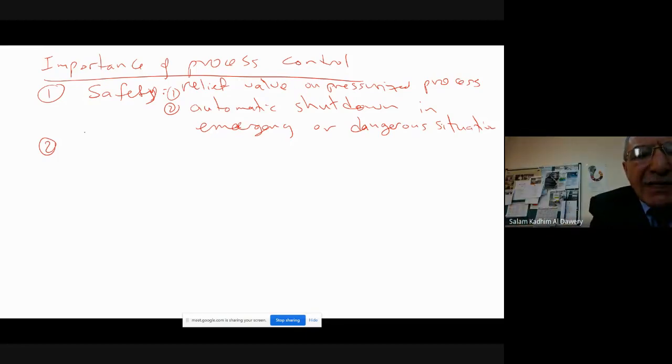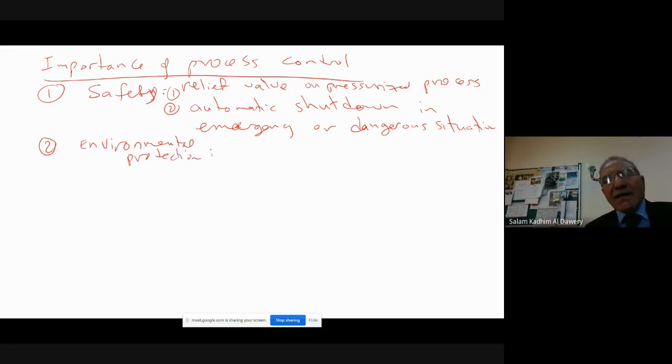Second, environmental protection. In the plant, normally we control the level. If we don't control the level, your material may leak or overflow, and in many plants we are dealing with chemicals.